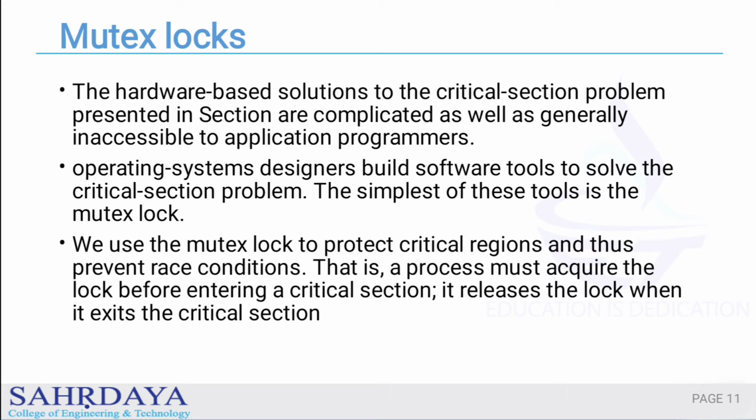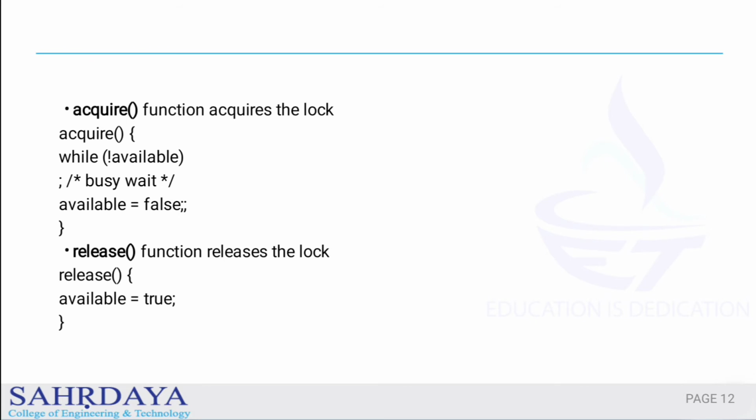It releases the lock when it exits the critical section. These are the two functions used here: the acquire function to acquire the lock and the release function to release the lock.